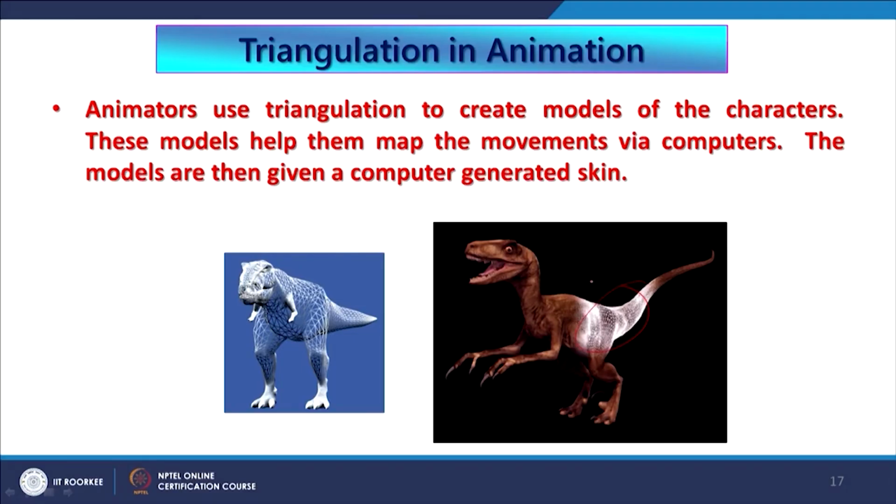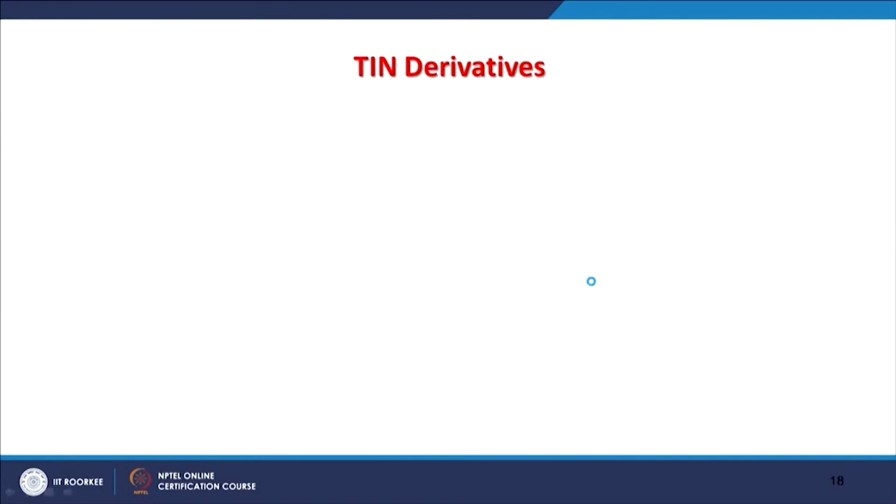Animators use triangles or the TIN model to create models of characters, whether human characters, animal characters, or imaginary ones in many such animations or films, and these models help them map movements by computer. So TIN has applications in earth sciences, civil engineering, hydrology and other places, and also in animations.